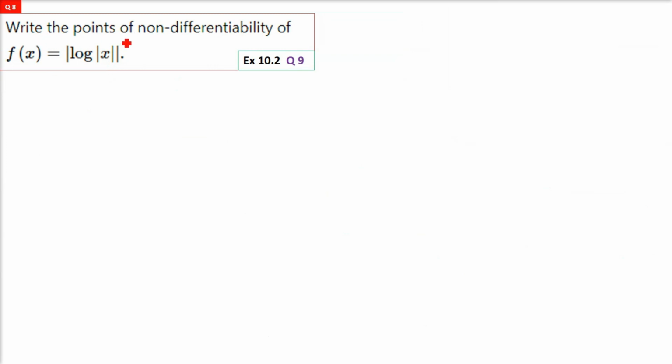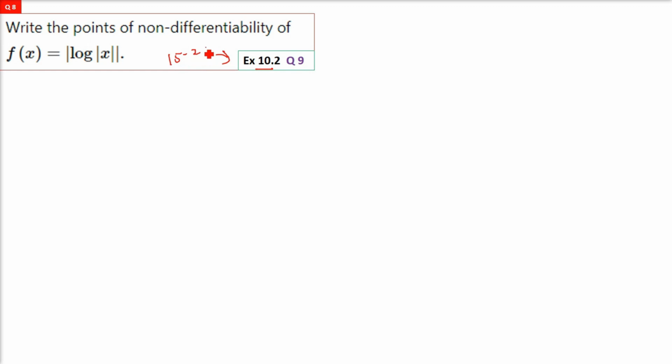Write the points of non-differentiability of log modulus x and modulus of that. So this question we have already covered. It was around 15 to 20 minutes of discussion. Exercise 10.2, question number 9. And this question is going to get repeated in the MCQ also. I'll tell you there also.